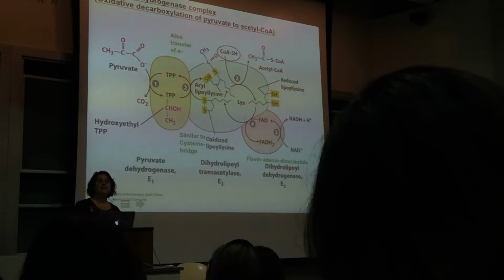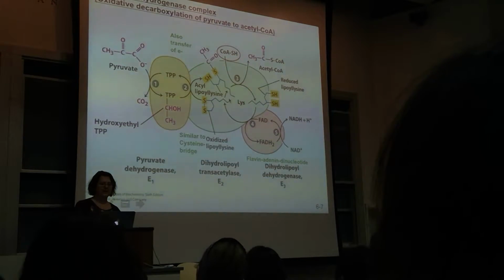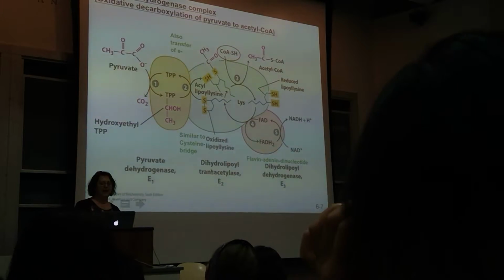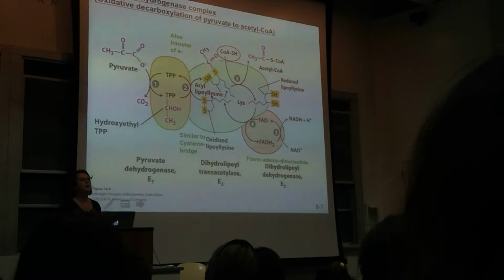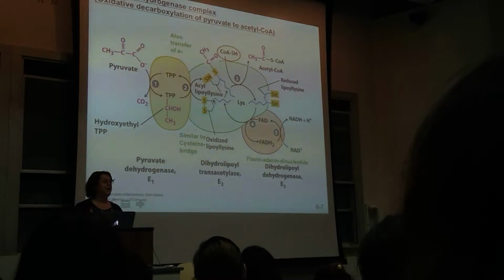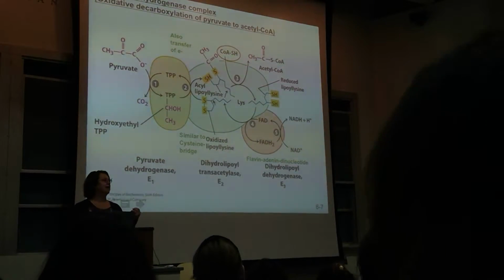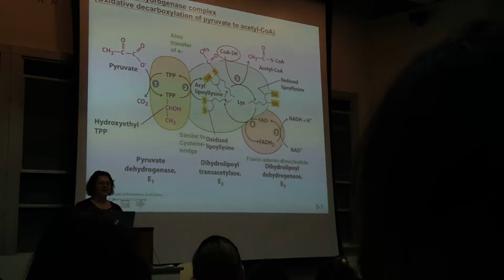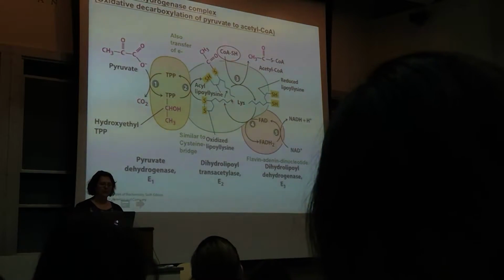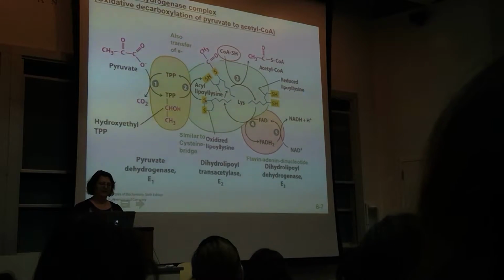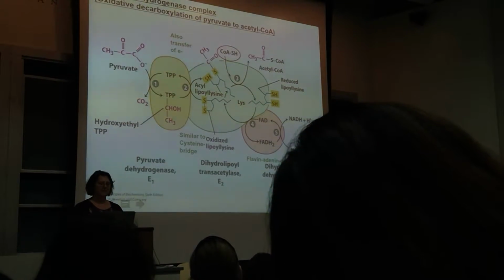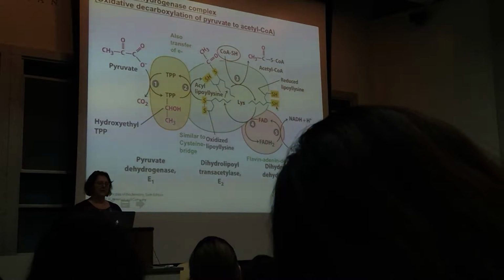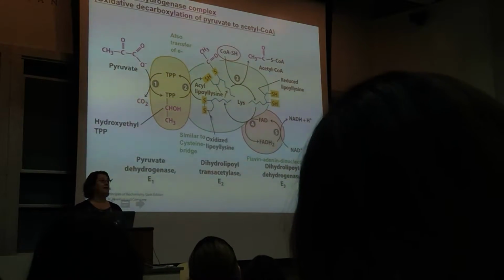From here, you go to the second enzyme, the E2, a dihydrolipoyl transacetylase. So what's happening here is pretty cool. This is a case where you have substrate channeling, but instead of making a tunnel, you have this lipoyl group, right here, and it can go to 2 forms. It can be reduced, where you have the 2 H's, or it can be oxidized, where you have a disulfide bond.